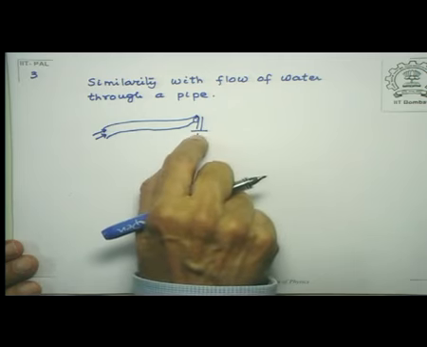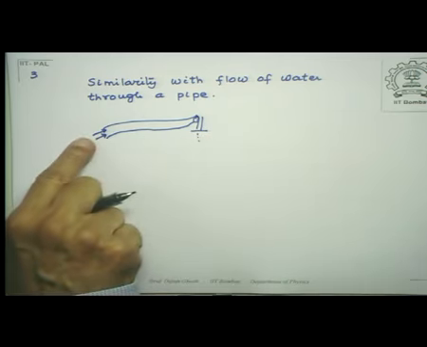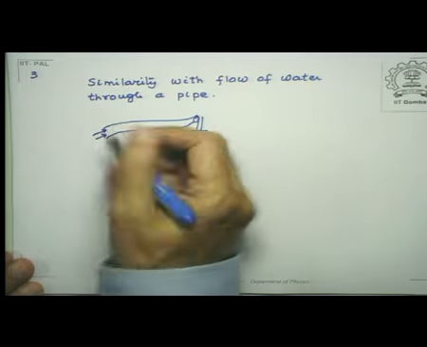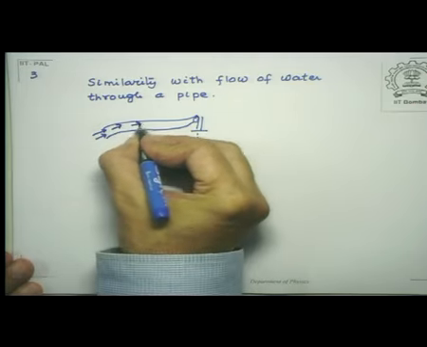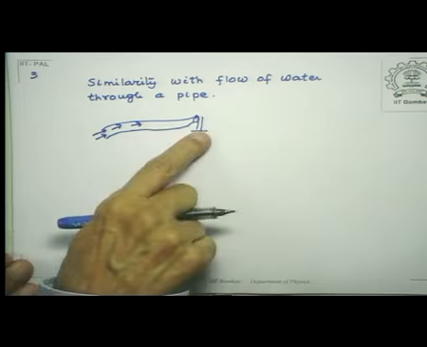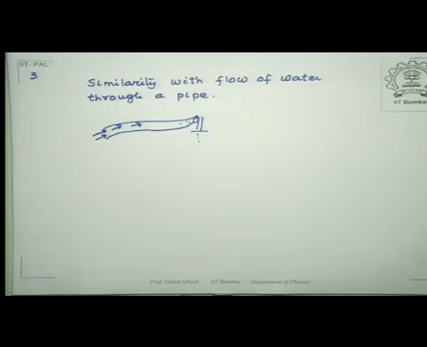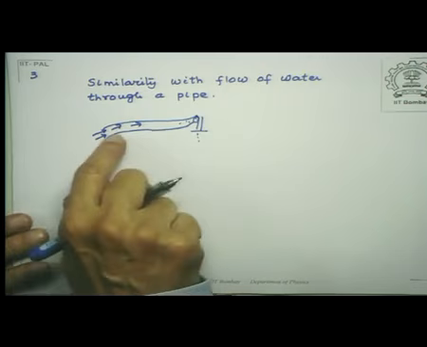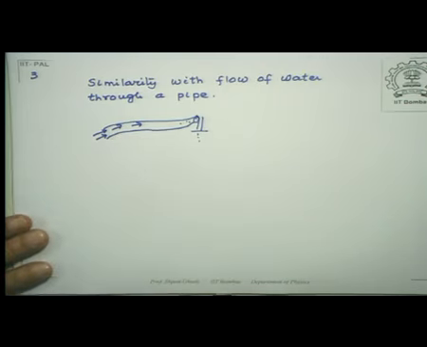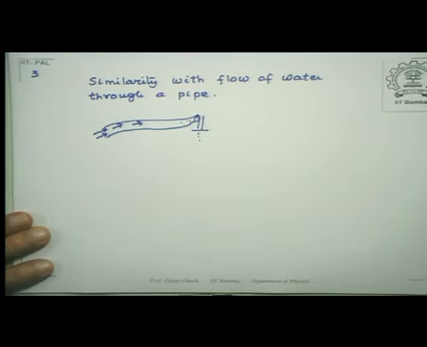When you open the faucet, all that happens is the water gets pushed, and almost as soon as you open it, because there is already water at this end, the water starts flowing in. The incoming water pushes the water which is there, and of course then the water comes out.